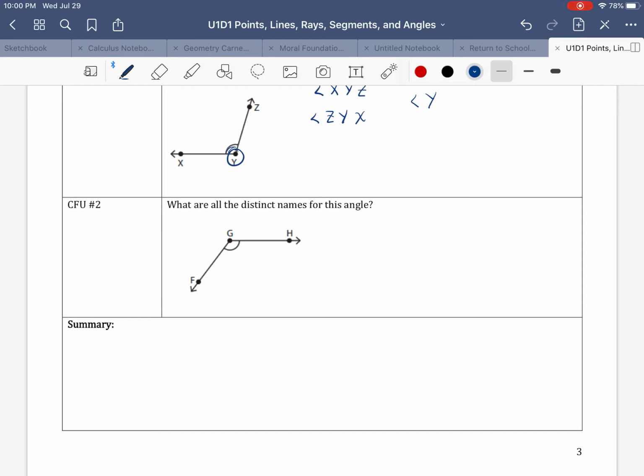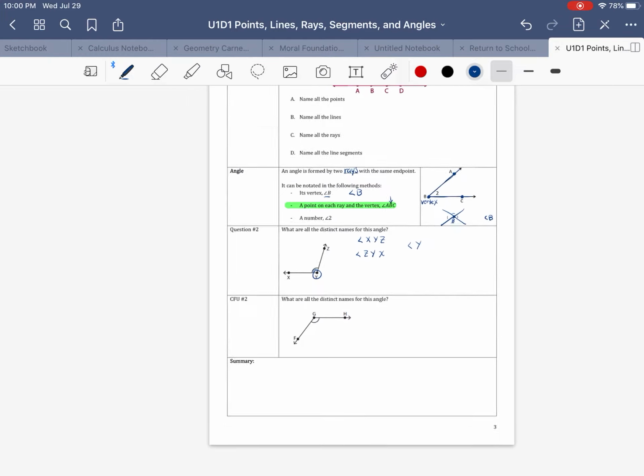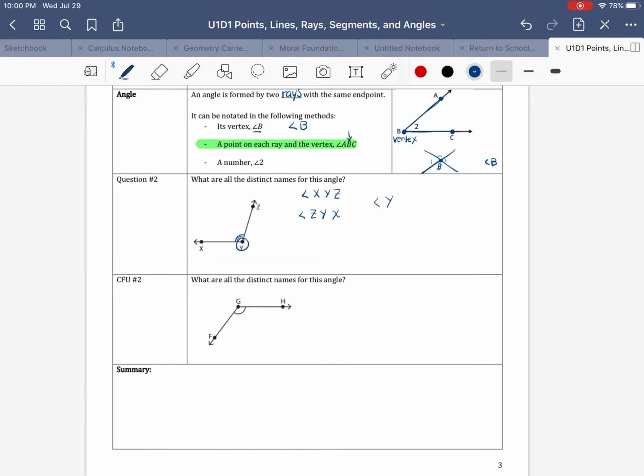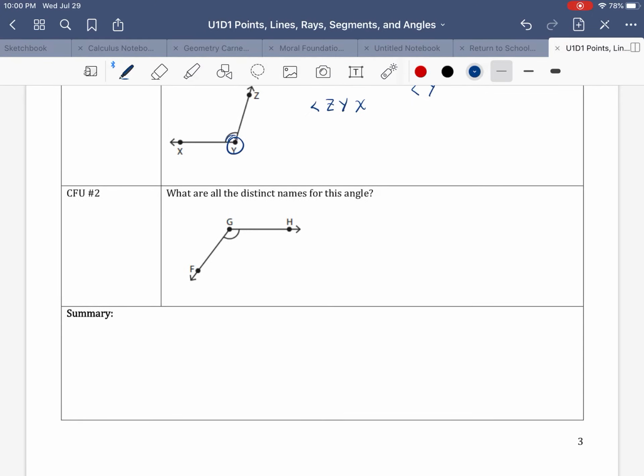Try out this next question on your own. And then I want you to take a little bit of time to go through all of the notes that you've taken so far. And really think about what are the important pieces, what are the parts that I didn't know from before, and write it out in this summary here.